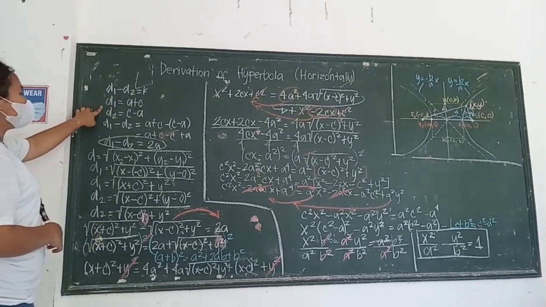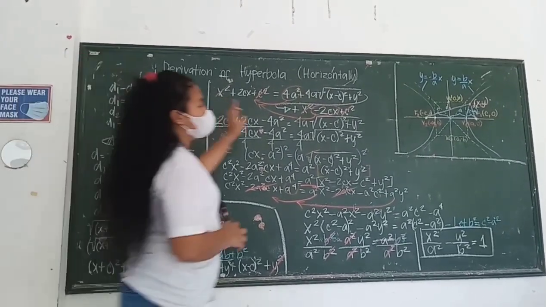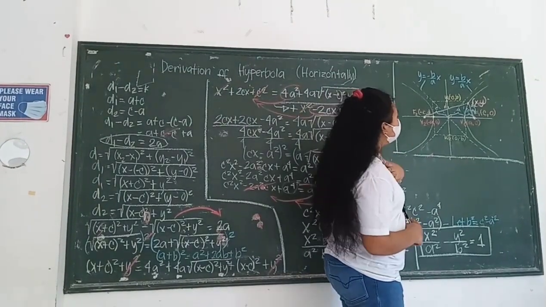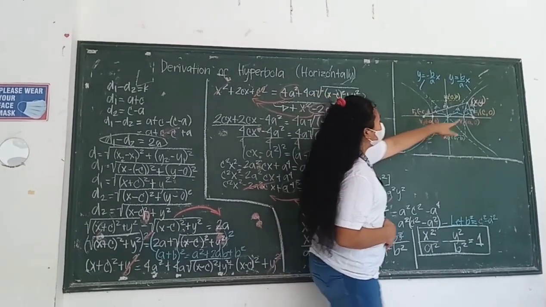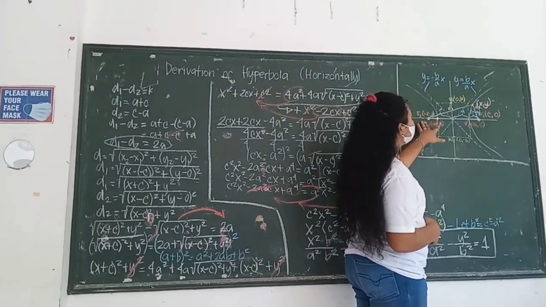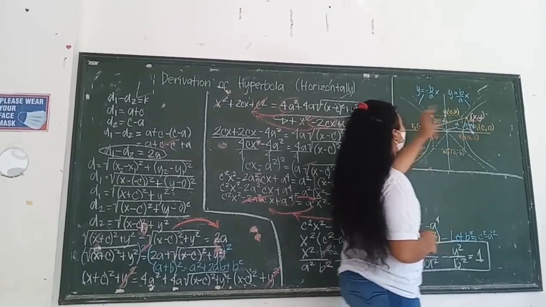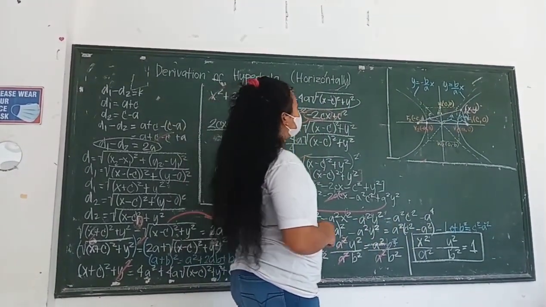Distance 1, as you can see, is from this point to this point. I'm going to get the coordinates of that point and put that there later.